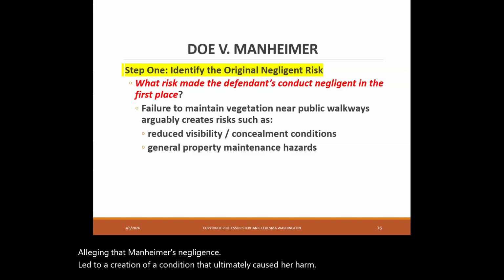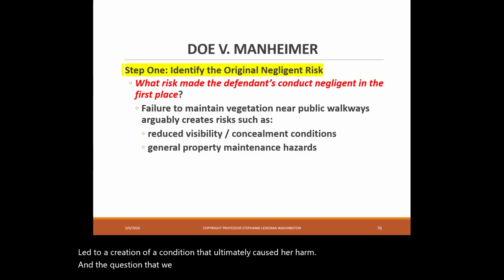And the question that we have to ask is about the intervention, right? The intervention by the third party. Did that act stop the proximate causal link from the negligent act of the overgrown vegetation and the harm to Miss Doe?